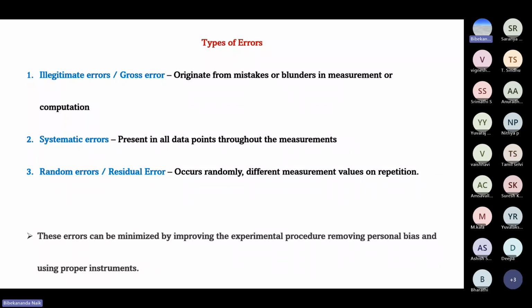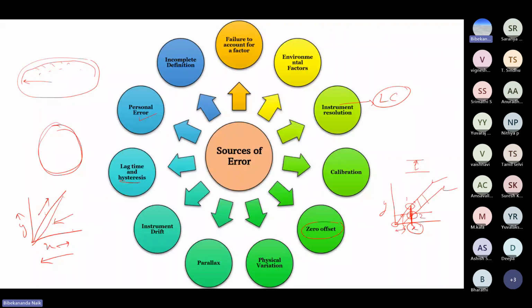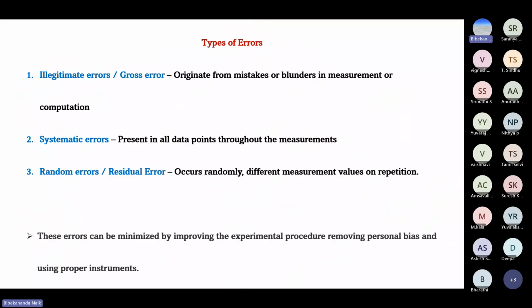And if you talk about random errors or residual errors, they occur randomly. Here you can say this is physical variation, and this physical variation comes under random or residual error. Suppose at a particular time when you are taking a reading, your concentration is good, you are doing the experiment accurately and noting down the results.